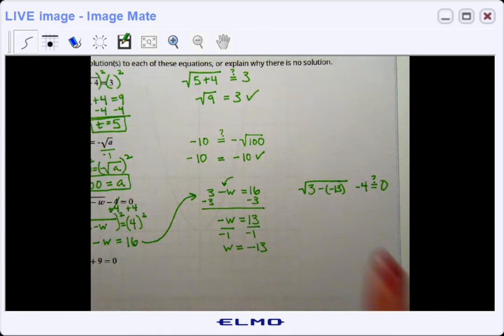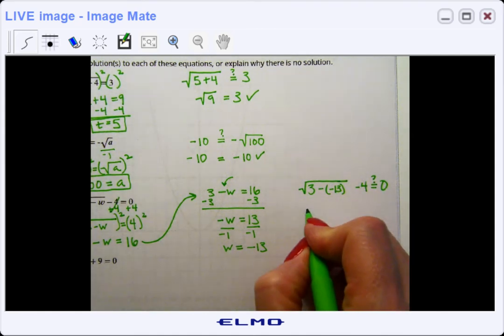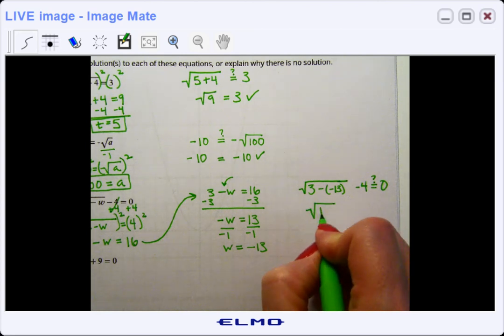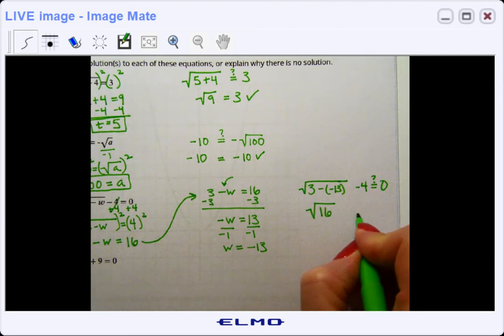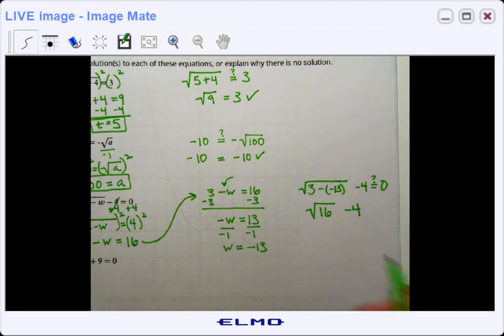Okay? 3 minus negative 13, well, that is 16. So this is the square root of 16 minus 4. The square root of 16 is 4, and 4 minus 4, in fact, does equal 0. So once again, it checks.